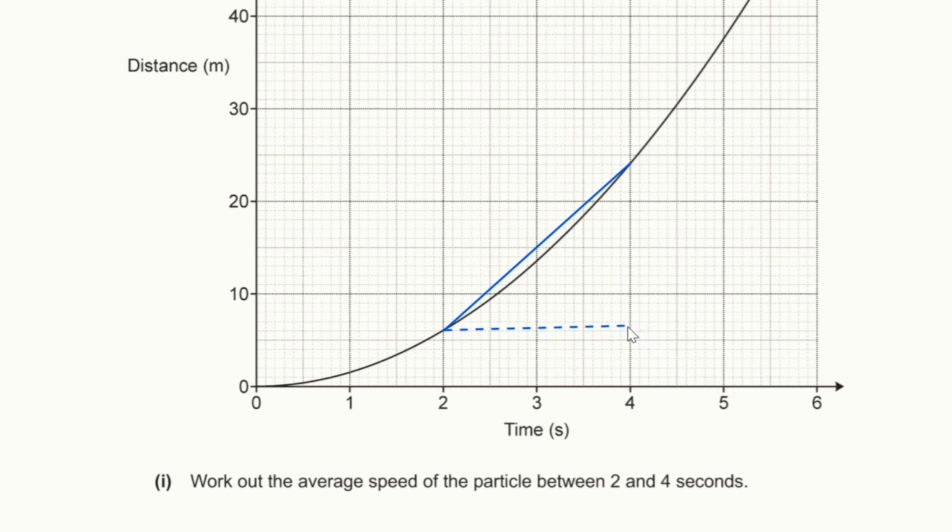So the change in y and the change in x, we've got a change of x from 2 to 4, that's 2. The change in y, we are going from 6 to 24, so that's equal to 18.